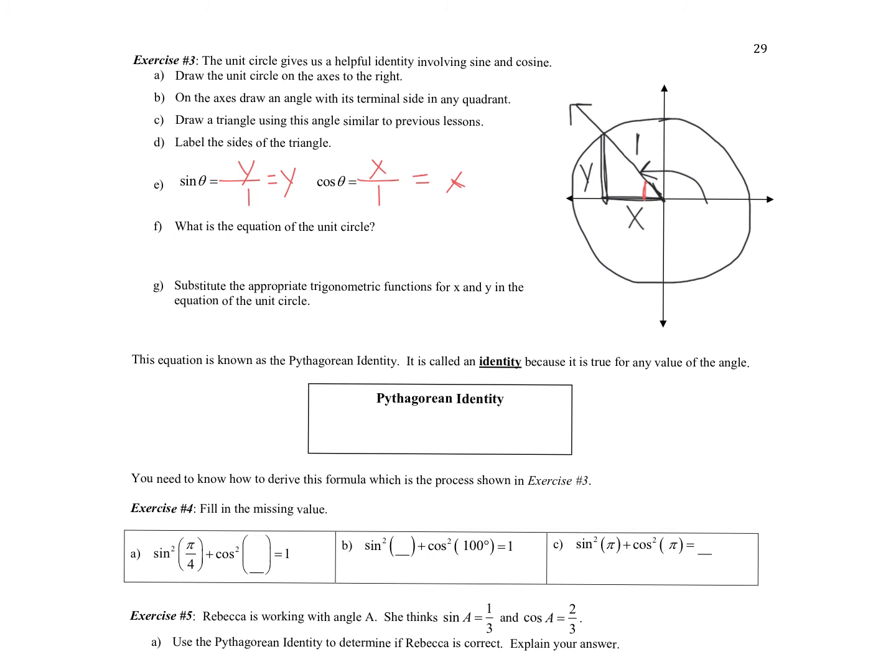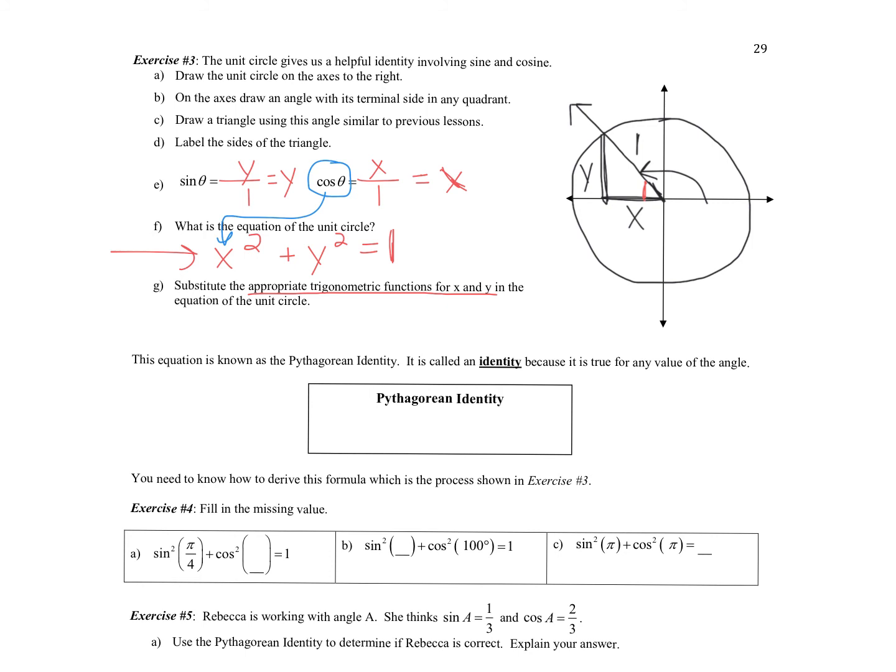So now we're going to write, and this goes back to the first lesson, what is the equation of the unit circle? So we know that equation is x squared plus y squared equals 1. That's our parent circle, the unit circle with the center at 0, 0, radius 1. So if that's a true statement, and we substitute the appropriate trig functions for x and y in the equation of the unit circle, we can take the x out and plug in cosine of theta.